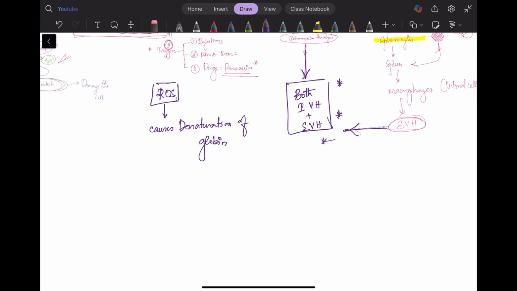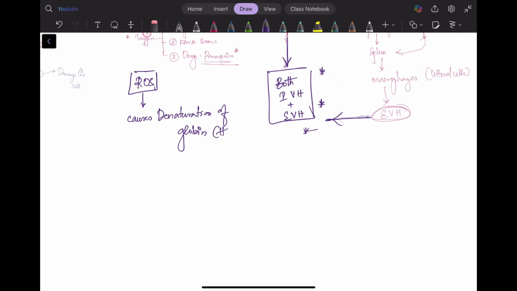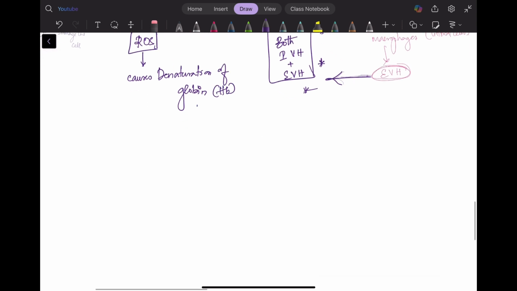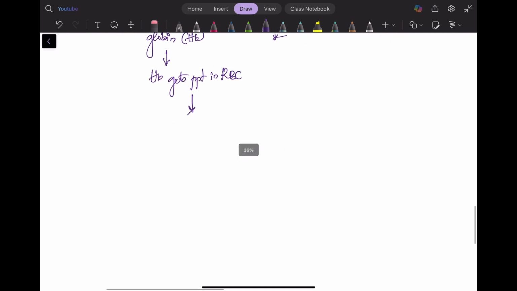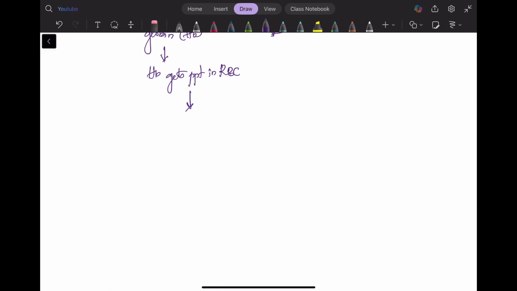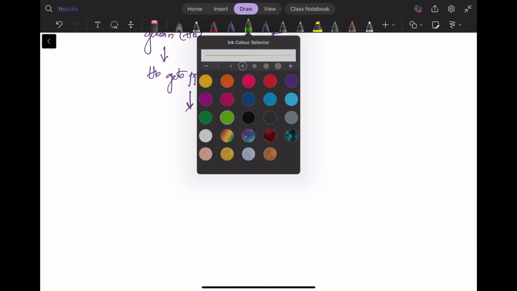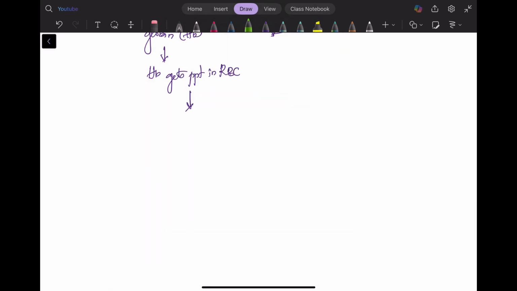So the heme is gone, now what will happen to the globin? Then hemoglobin gets precipitated in RBC. So this gives a very important MCQ and a very important finding called as, anyone knows? Any idea what it is?